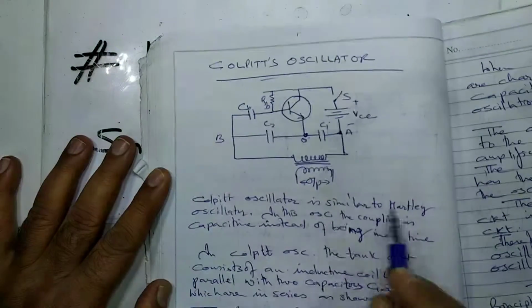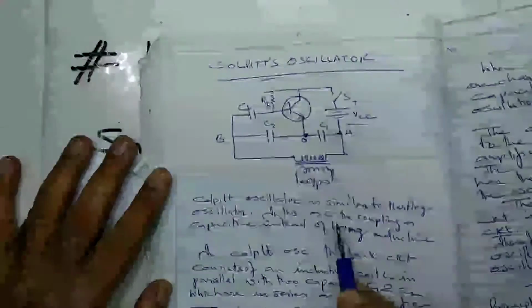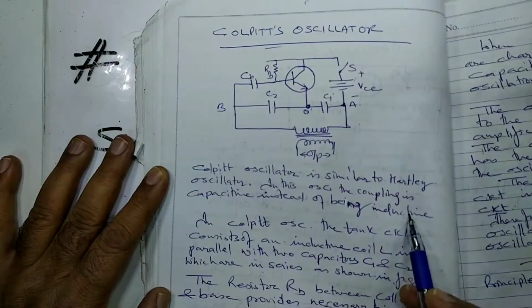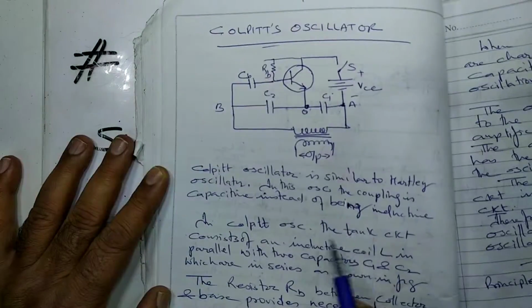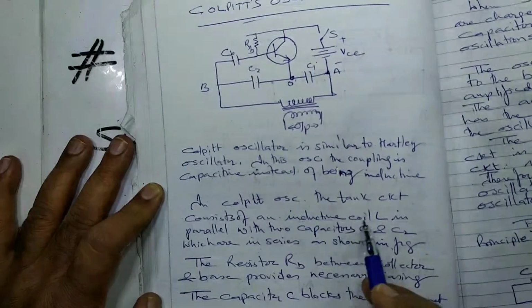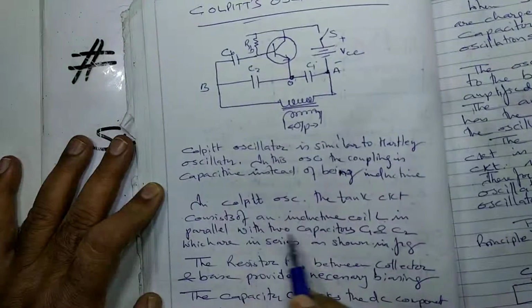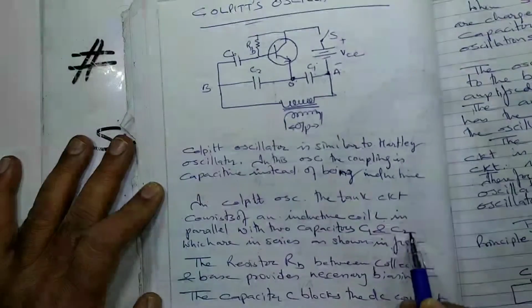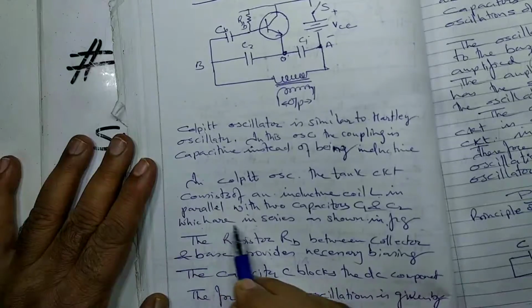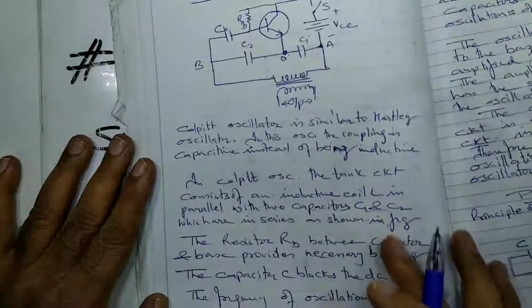The Colpitts oscillator is similar to the Hartley oscillator, except the coupling is capacitive instead of inductive. In the Colpitts oscillator, the tank circuit consists of an inductive coil L in parallel with two capacitors C1 and C2, which are in series as shown in the figure.